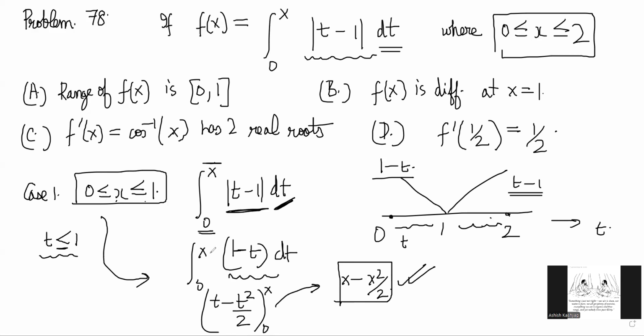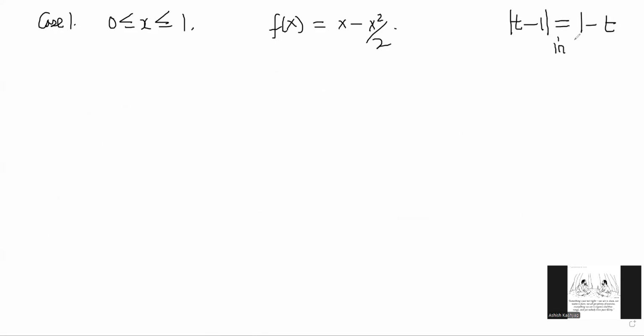Because the upper limit of t is x, but x is less than or equal to 1. So therefore, the modulus is always going to be 1 minus t. So we have solved case 1 here for the function. Case 1 is 0 is less than x is less than or equal to 1, and function f of x is coming out to be x minus x squared by 2, because mod of t minus 1 will be 1 minus t in this region.